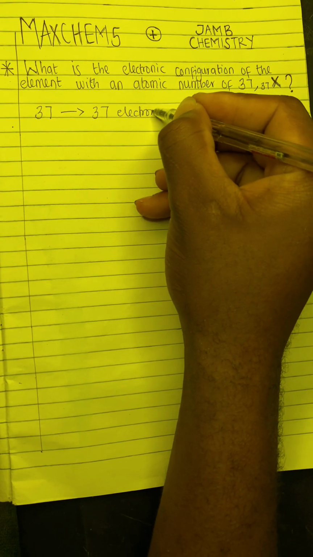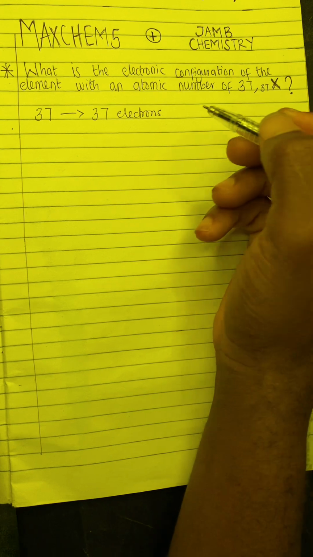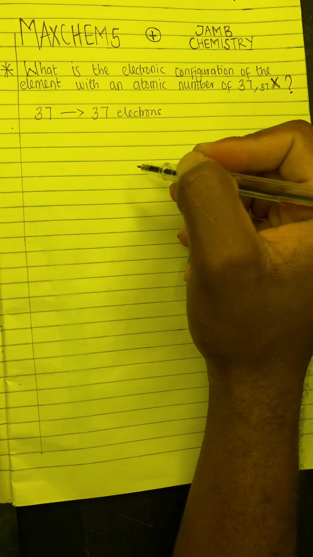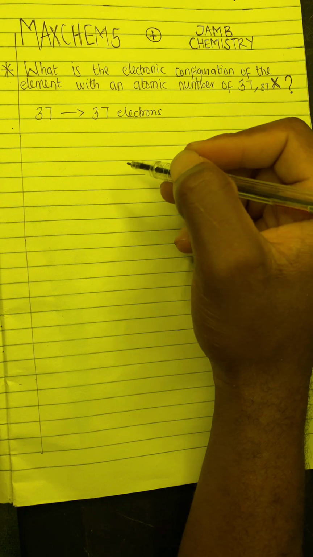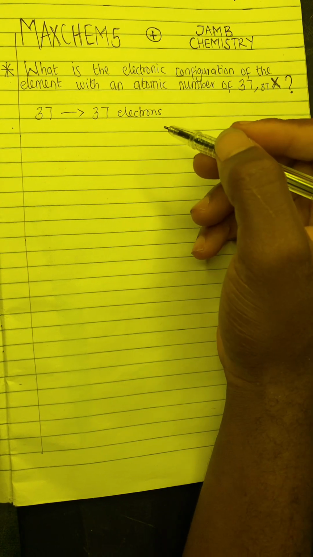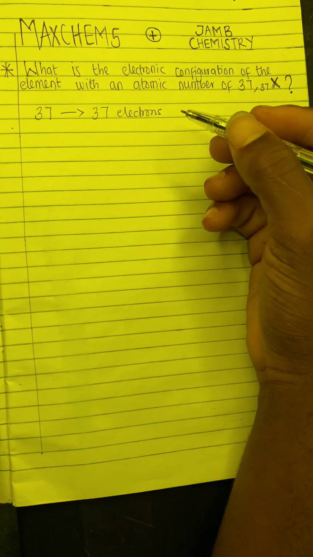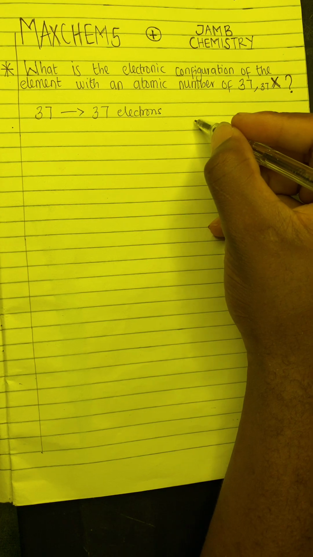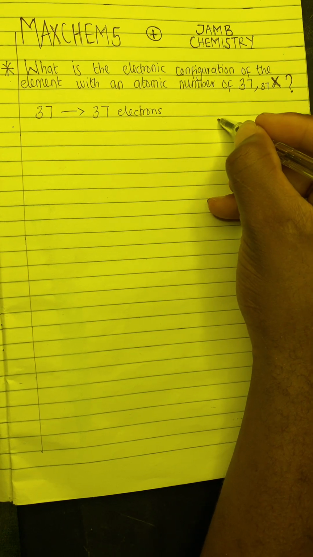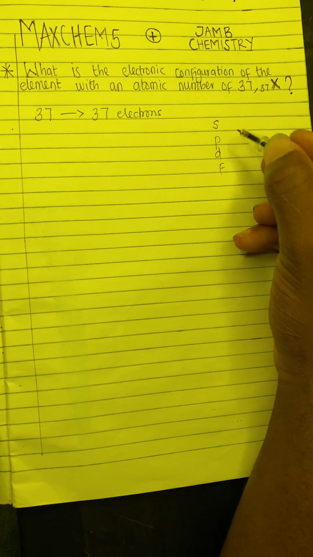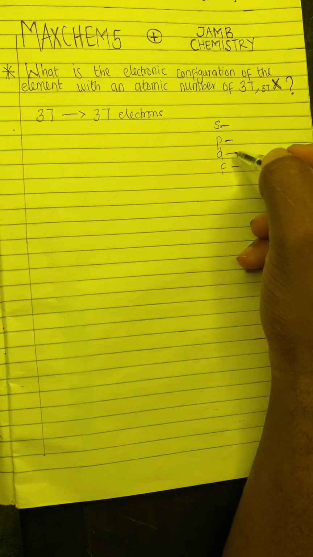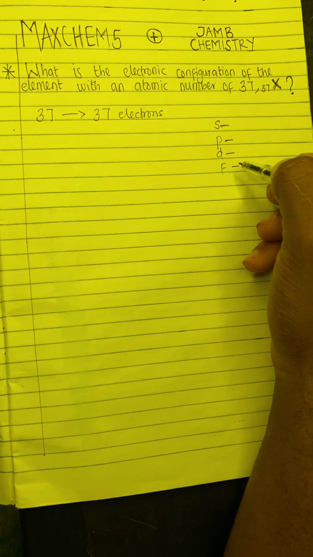So now what they are asking us for is the electronic configuration. That is how the electrons are arranged in the shells and the subshells or the orbitals. So now let me tell you one simple thing that you should know. When you talk about orbitals, you should know that we are talking about the s, p, d, f orbitals. That is the sharp, principal, diffuse, and fundamental orbitals.